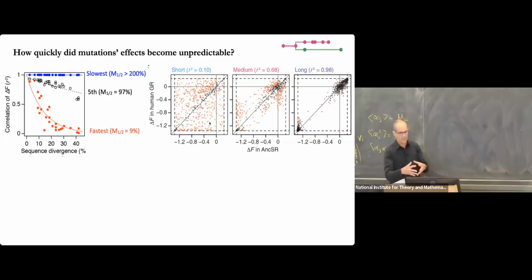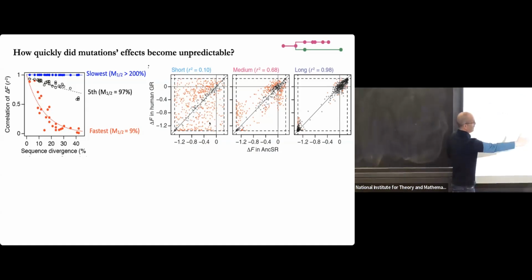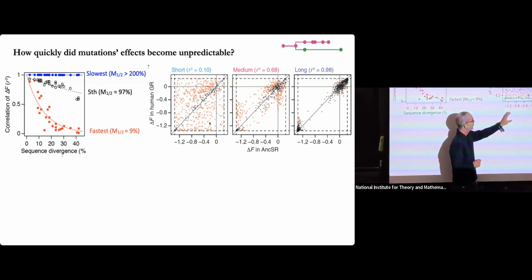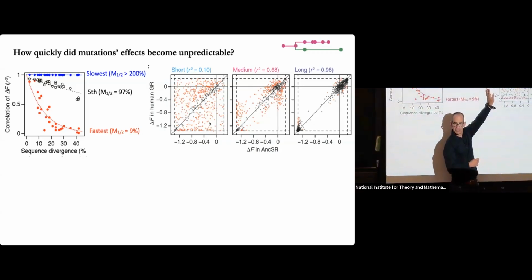Last thing from this experiment that I want to tell you about is insight into how quickly mutations' effects became unpredictable because of this process of epistatic modification by substitutions. So what we did was we took all the mutations and we binned them by their rate of change across the phylogeny. And then we asked, at each pair of nodes along the phylogeny, given the sequence divergence between them, how decorrelated have the effects in one background become from the effects in the other background.